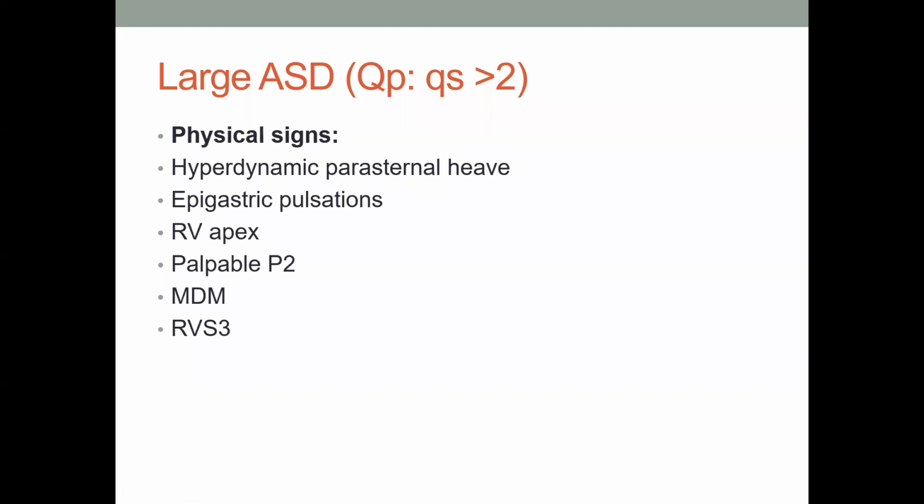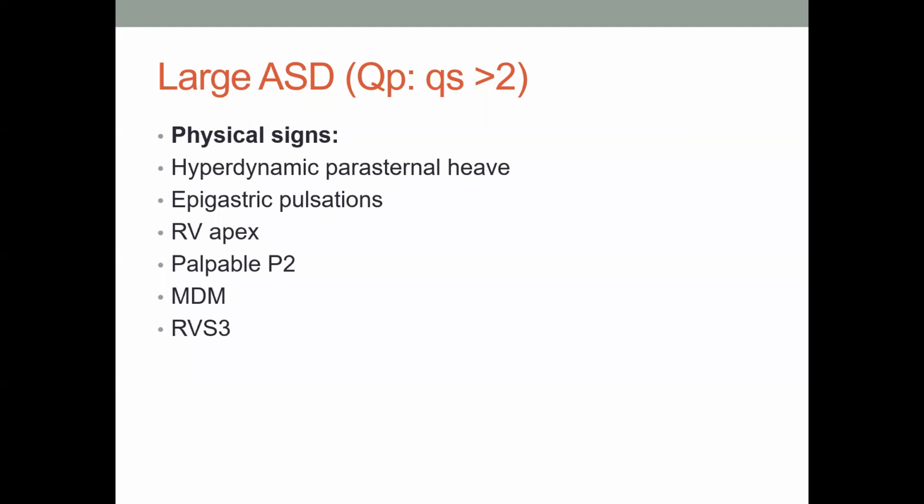Please remember the difference. The hallmark is hearing S3 and hearing MDM. It's not that difficult, it is simple. But all MDMs are not MS MDM. These are different, so just look for that.